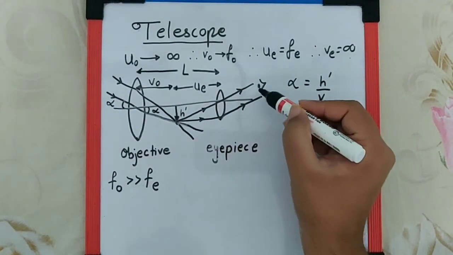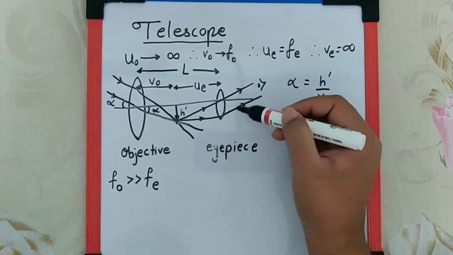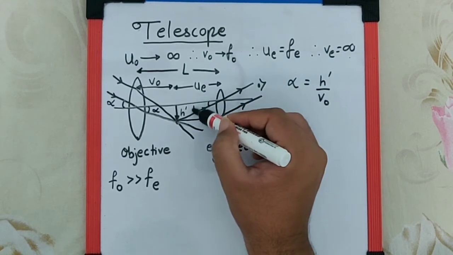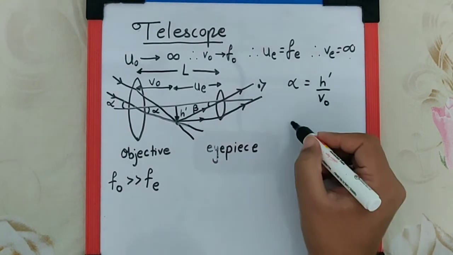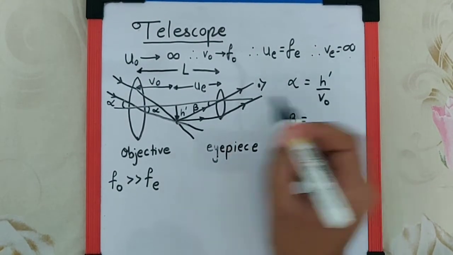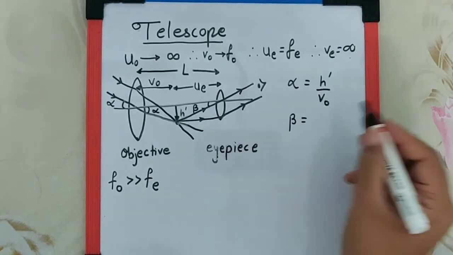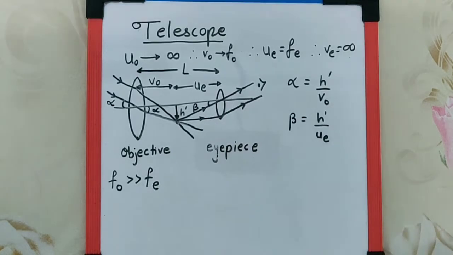Similarly, when you see the final image through the lens, we can say the image ray with principal axis makes an angle beta, which is the magnified angle. And therefore, from the triangle, as you can see over here, we can say the beta is h dash by UE.